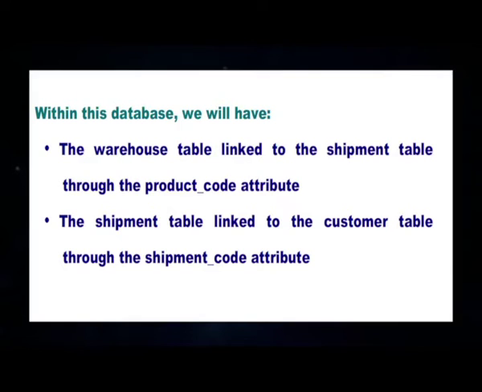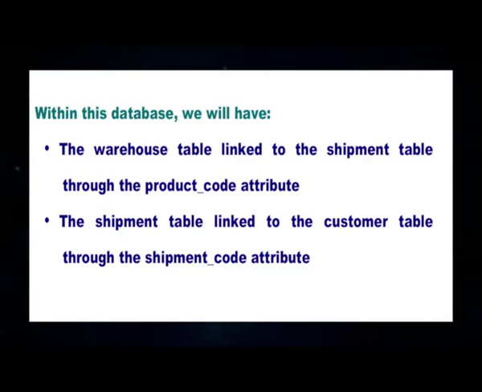Consider an example of a relational database of a small factory. Within this database, we have a table recording all customers' orders and one table recording all shipments. Finally, a table recording the warehouse's movements will be included. Within this database, we will have the warehouse table linked to the shipment table through the product code attribute.